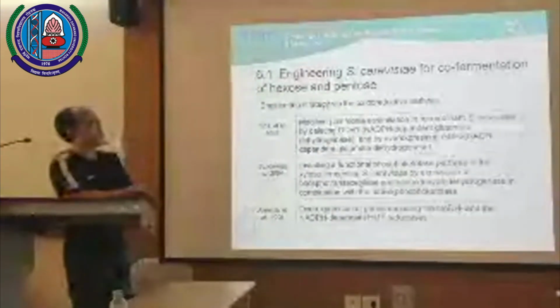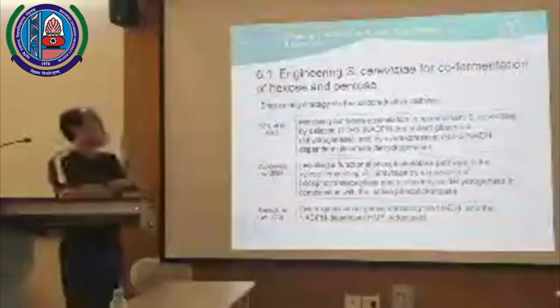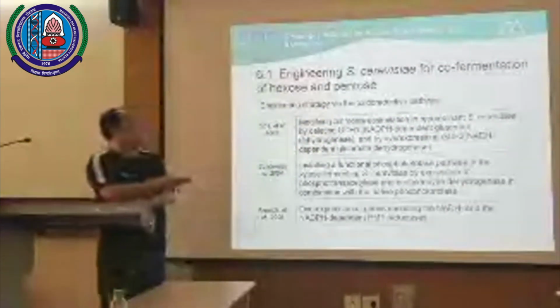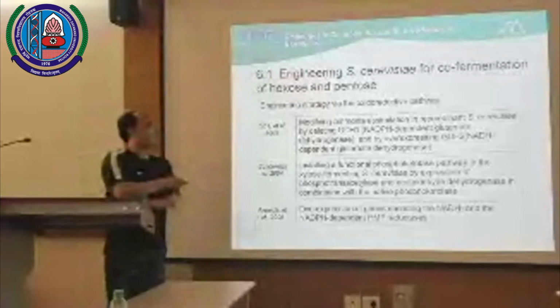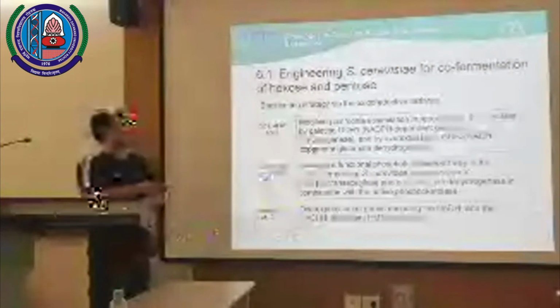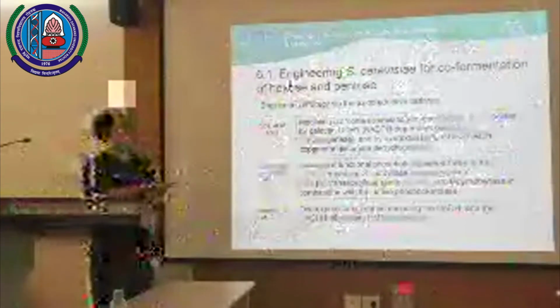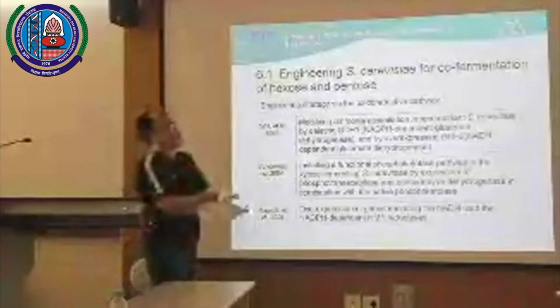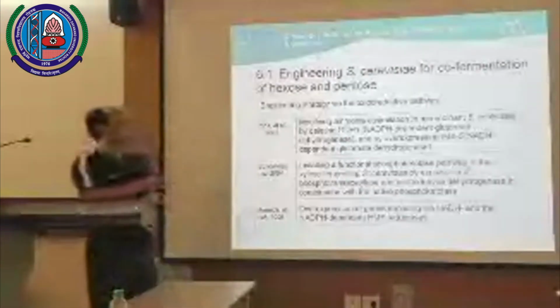Let's see some examples. Here they modified the ammonia assimilation pathway in the recombinant Saccharomyces by deleting this gene. This gene is an NADPH-dependent gene, a dehydrogenase.